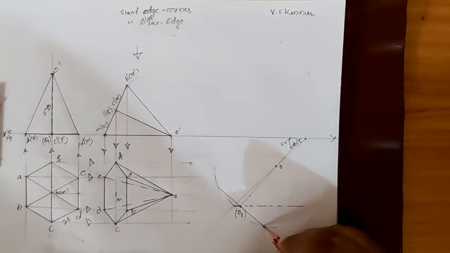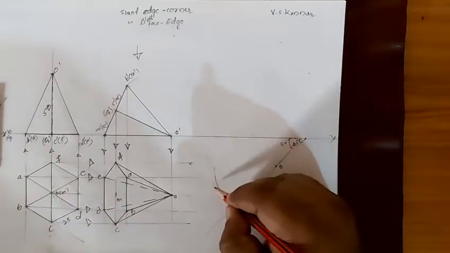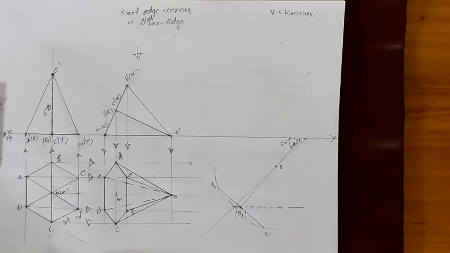Here we got 2 points, C and F. Very simple. By taking 90 degree and 50 degree from one point, we'll get F and C points.